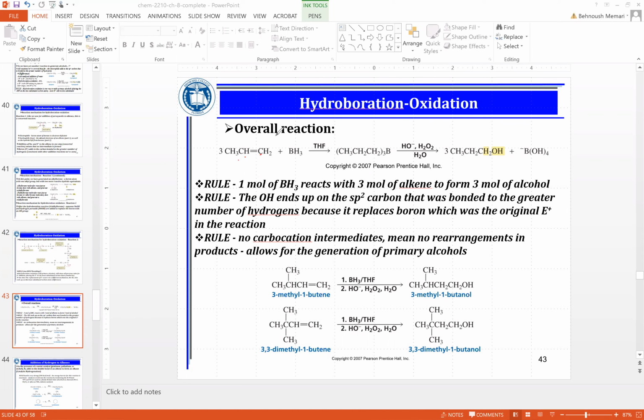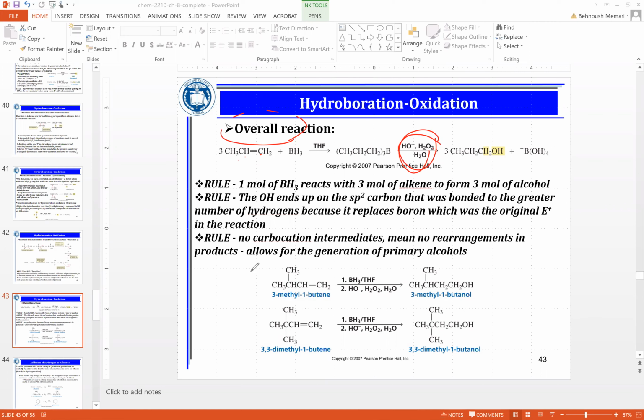There is no rearrangement, and the addition in this case is going to be anti-Markovnikov. How do I know it's anti-Markovnikov? Because I see this H2O2. It goes back to a more stable intermediate. But overall, if you're looking at the overall reaction, I see H2O2, so it has to be anti-Markovnikov addition.